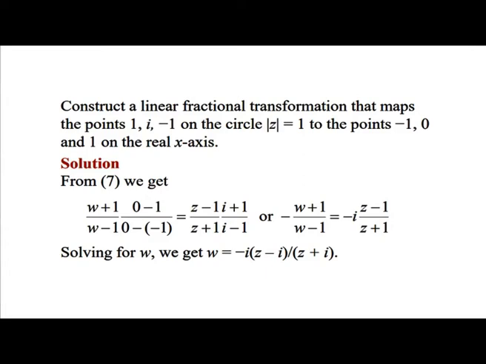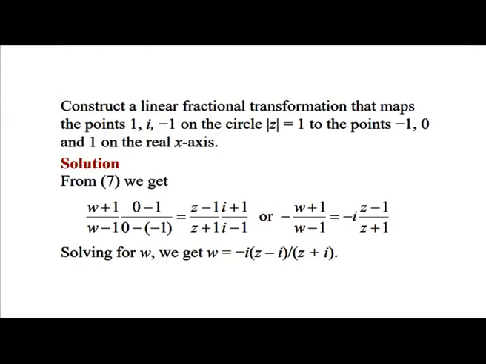By the cross ratio preservation property, we just substitute the points and the images. We have (W plus 1)/(W minus 1) into (0 minus 1)/(0 minus minus 1) is equal to (Z minus 1)/(Z plus 1) into (i plus 1)/(i minus 1), or else (W plus 1)/(W minus 1) is equal to minus i times (Z minus 1)/(Z plus 1).